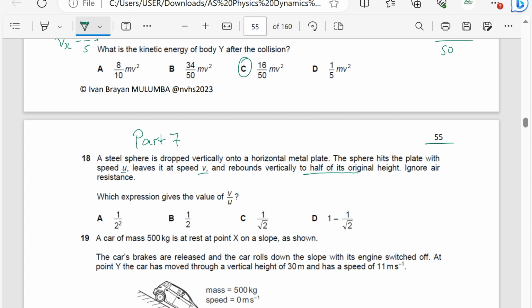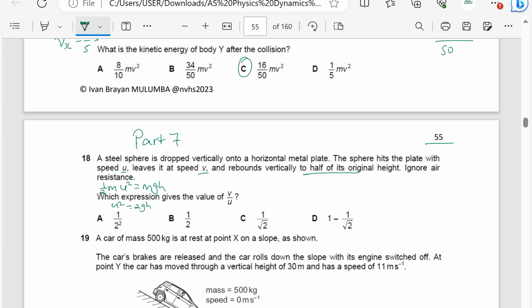By conservation of energy, if it loses gravitational potential energy, then it should be gaining kinetic energy. So the speed with which it hits the plate will be got from a half m u squared, that is the gain in kinetic energy, should be equal to mgh, that is the loss in gravitational potential energy. So u squared is going to be twice g times h.